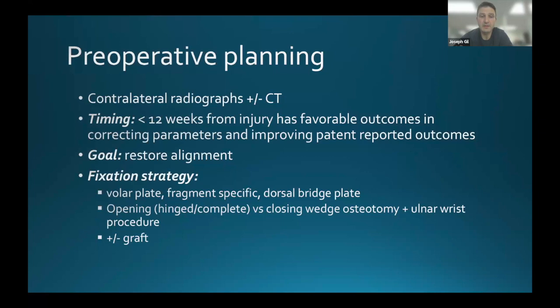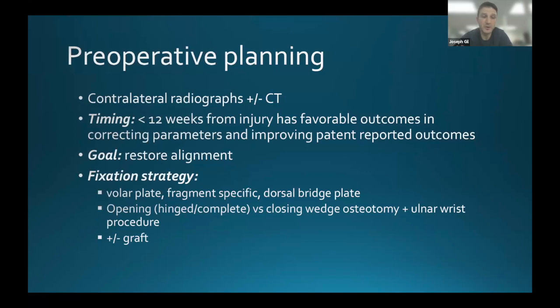If you're trying to correct not only the radius, but also realign the variance, you're sometimes obligated to do a complete osteotomy and then fix that in whatever way you determine is best suited for that patient, whether it's volar plating combined with dorsal bridge plating or fragment specific fixation.